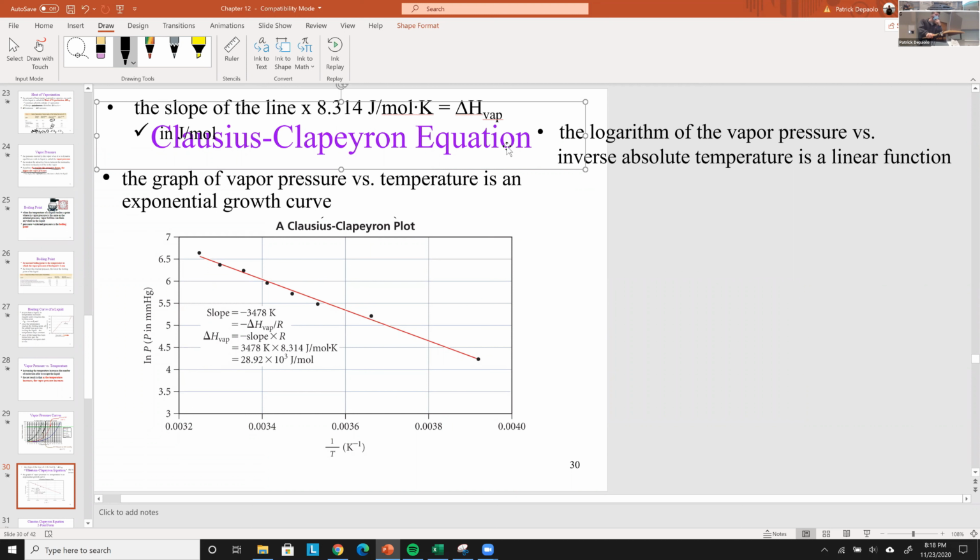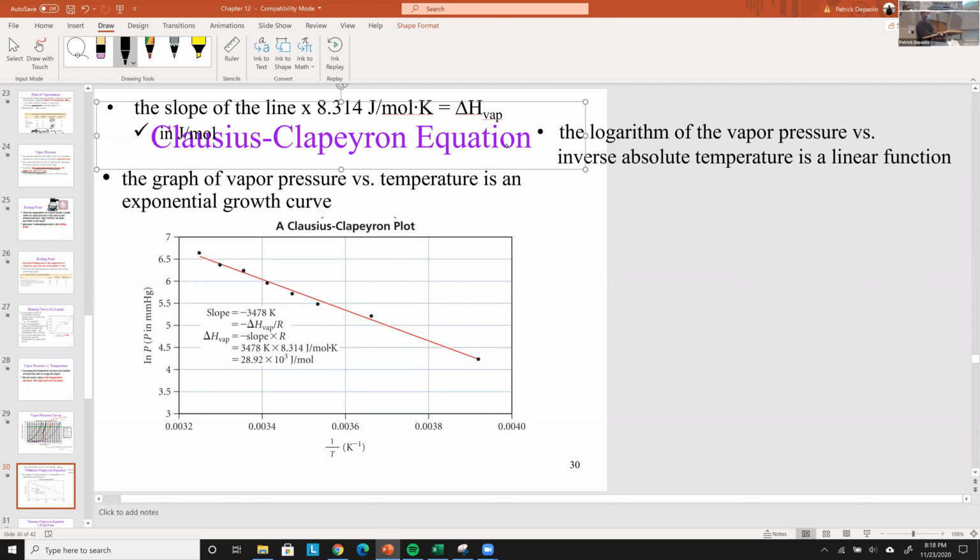So this guy, these guys, the Clapeyron equation. I hate saying that. I just call it the Clapeyron equation. It's an equation that can tell us the vapor pressure and temperature of a solution based on the pressure or the temperature.